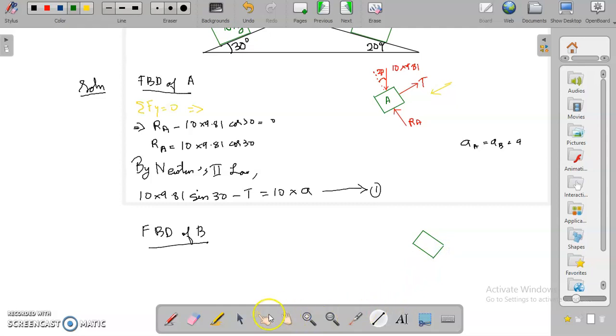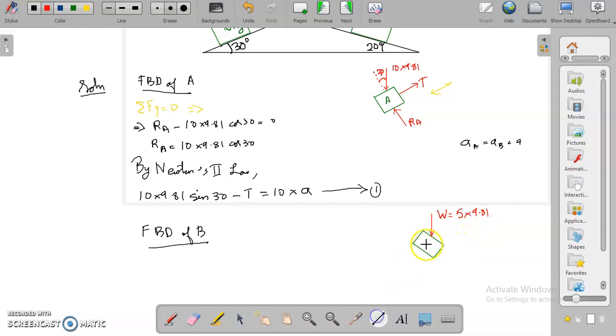This is B, and the weight is acting vertically downwards, which is 5 into 9.81.